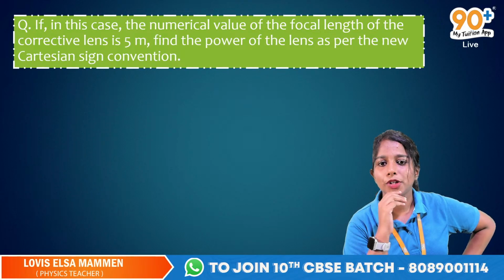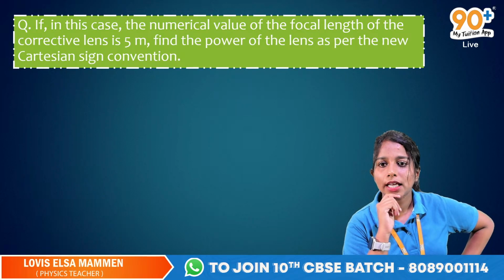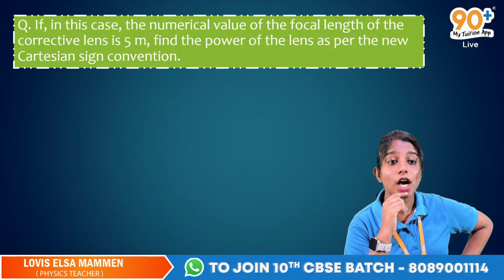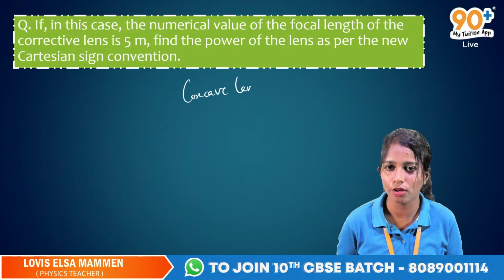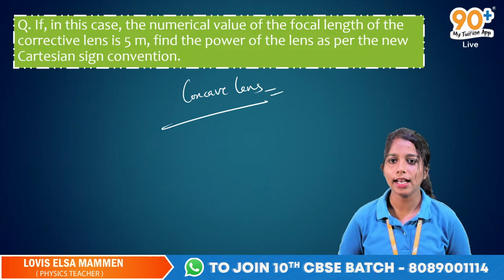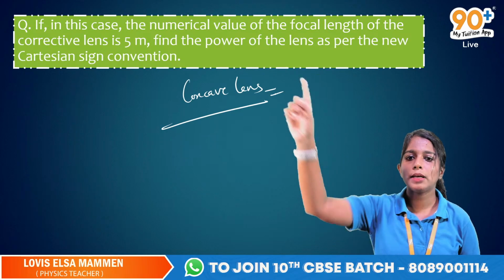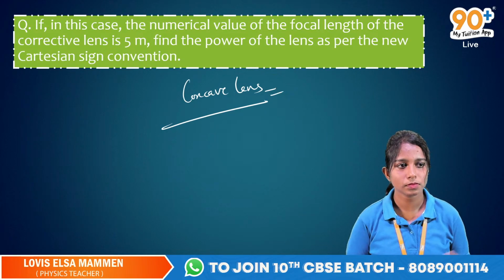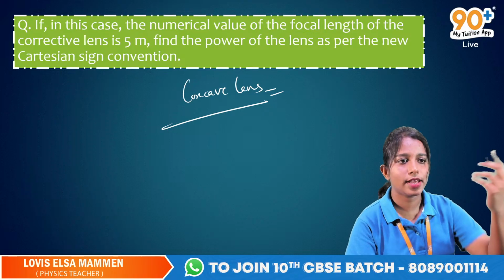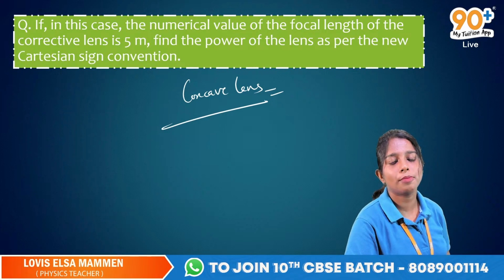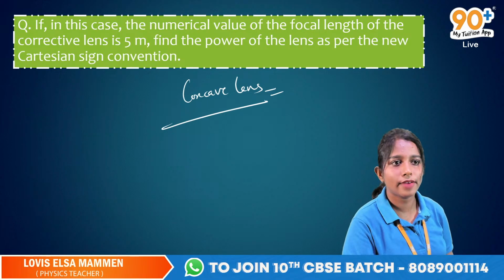ഇപ്പൊ നമ്മൾ പറഞ്ഞു മയോപ്പിയയുടെ കേസിൽ he should be using a concave lens. Concave lens യൂസ് ചെയ്യണമെന്നാണ് പഠിച്ചത്. അങ്ങനെയാണെങ്കിൽ focal length തന്നിട്ടുണ്ട്. Find the power of the lens. We have done a similar problem before.